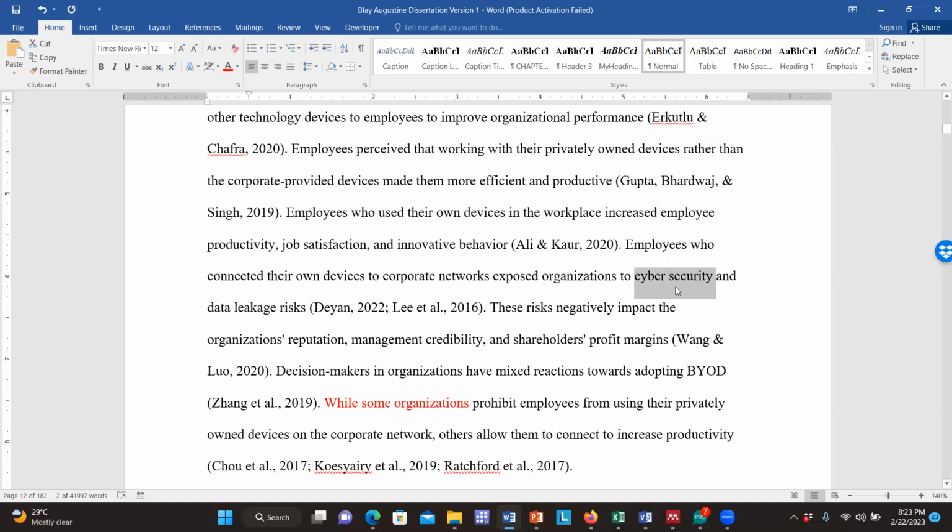The use of the devices, okay? So it becomes some kind of a sub-idea within that. It cannot be discussed without it, okay? And it goes on and on. Look at the last part. While some organizations prohibit employees from using their privately owned devices on the corporate work, others allow them to connect to increase productivity. Now watch this.